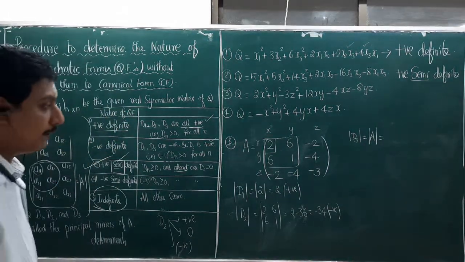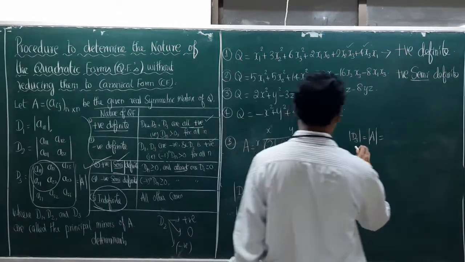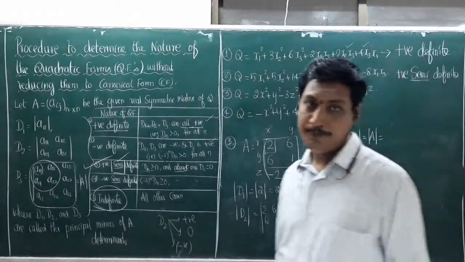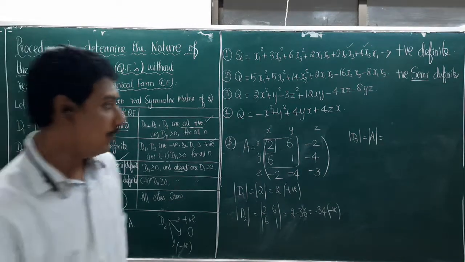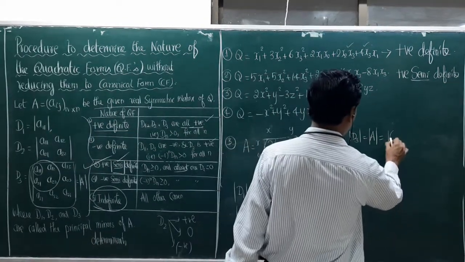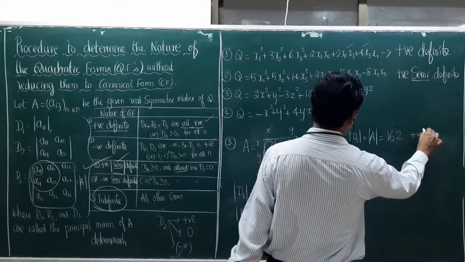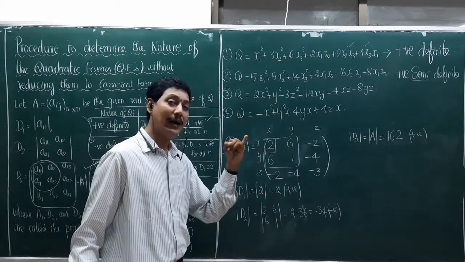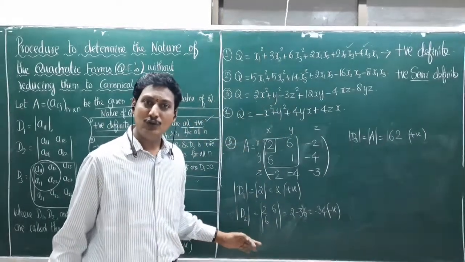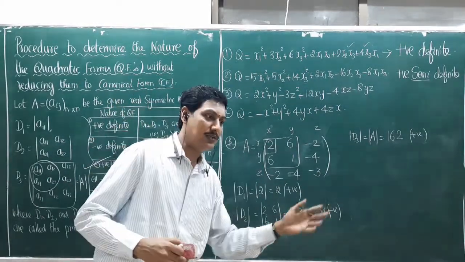So what about D3? When you go for D3, you determine the matrix A by using the expansion of the 3 by 3 determinant. The answer must be 162. Go and check the answer. But I don't want to go for D3 because once we get D1 positive, D2 negative, the nature is sometimes positive, sometimes negative.